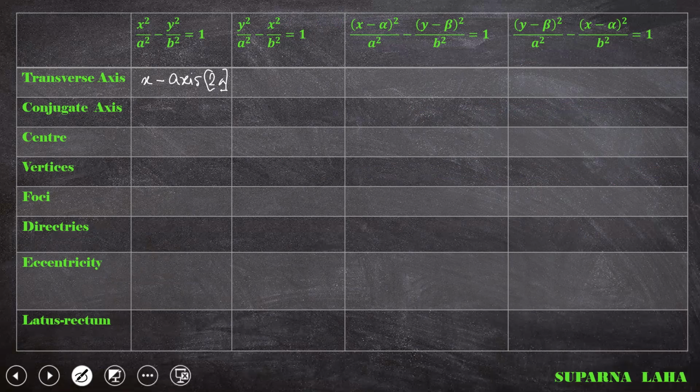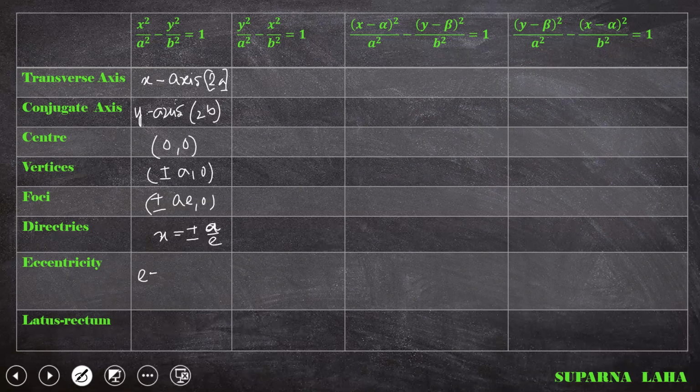The conjugate axis of this equation is the y-axis, so remember this is the y-axis, and the length is 2b units. Center of this equation is 0, 0. Vertices are plus minus a, 0. Foci plus minus ae, 0. Equation of the directrices, x equals plus minus a upon e.